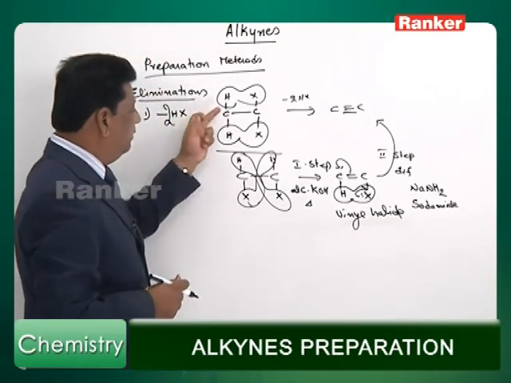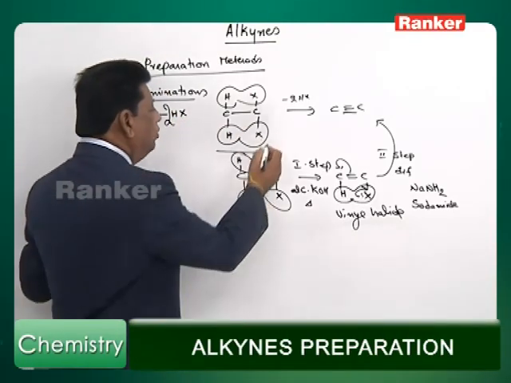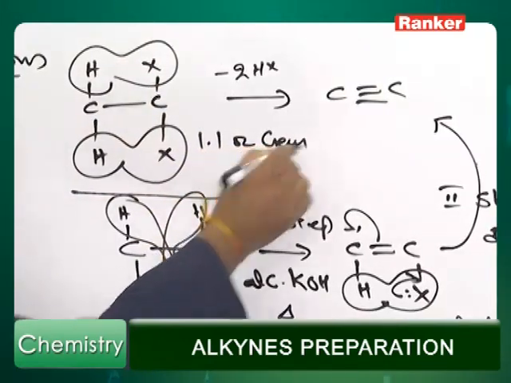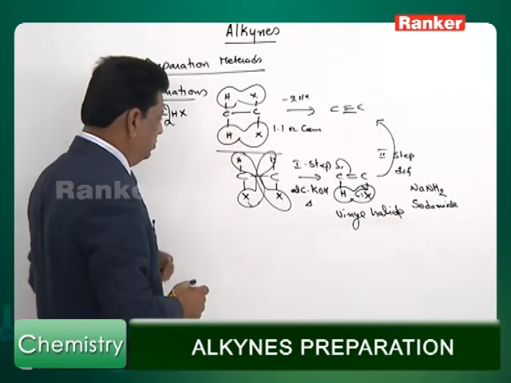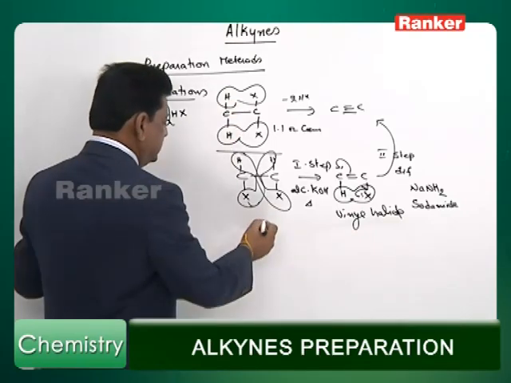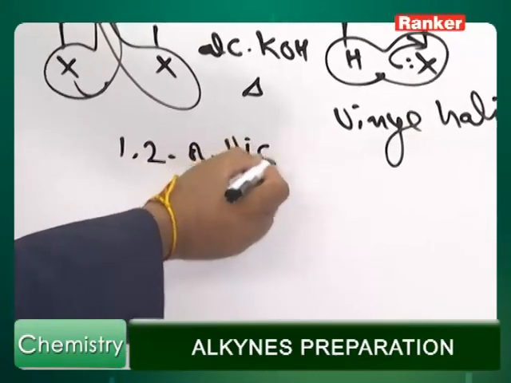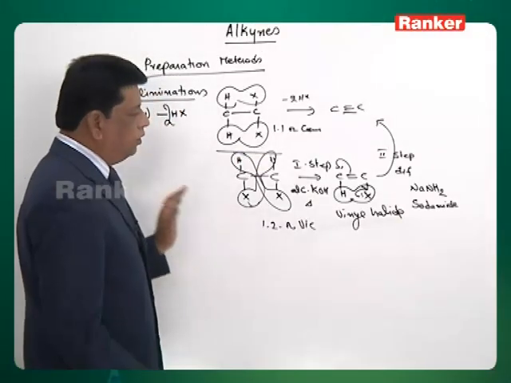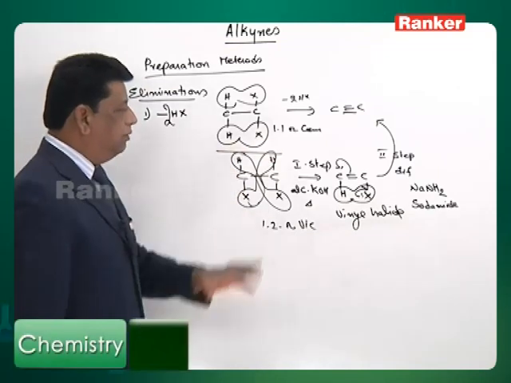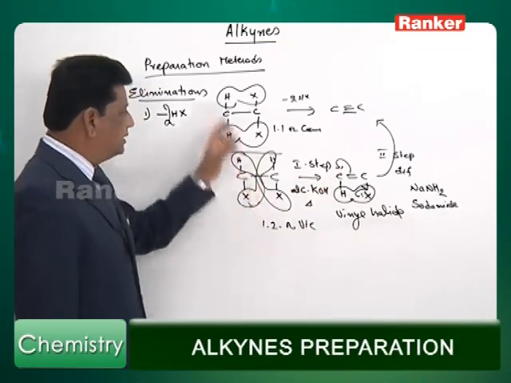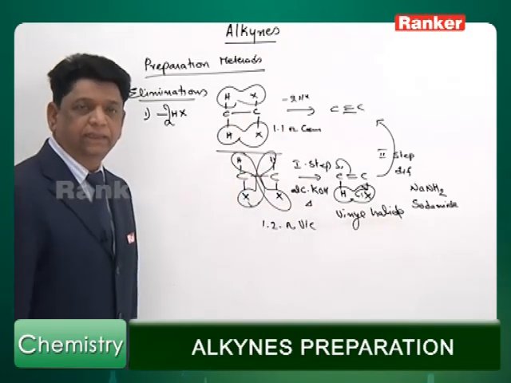So, either by the 1,1, this is called 1,1 or geminal type, gem dihalo compounds. Here 1,2 system it is, 1,2 dihalo, or you can say vicinal dihalo. Either of the dihalo compounds can be taken and can be successfully, one after the other, 2 times HX can be removed, you will get the acetylene.